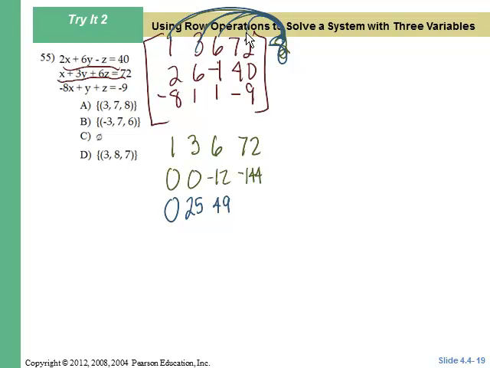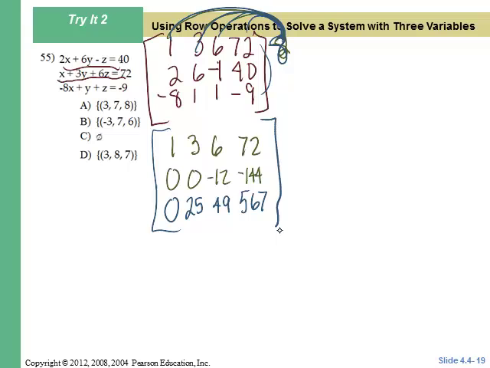Where's my calculator? 8 times 72 is 576. Subtract 9, and we get 567.